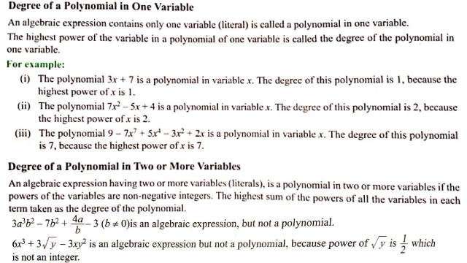For example, 3a³b² - 7b² + 4a/b - 3, where b is not equal to 0, is an algebraic expression but not a polynomial. Likewise, 6x³ + 3√y - 3xy² is an algebraic expression but not a polynomial, because the power of √y is 1/2, which is not an integer.